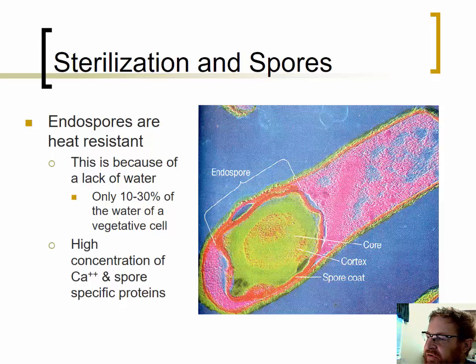Because there is so much less water in an endospore, it's a lot harder to kill things in the endospore form. That's part of the reason why we sometimes have to do very extraordinary things. If the bacteria we know is contaminating something is a sporulator, we might have to heat for a prolonged period of time or add more of the drug.